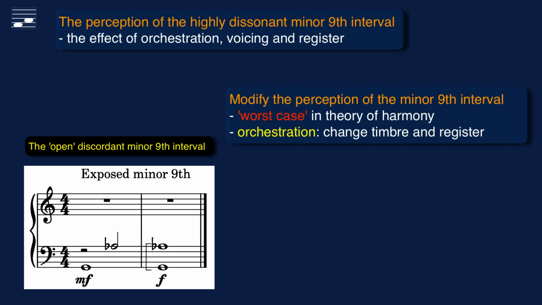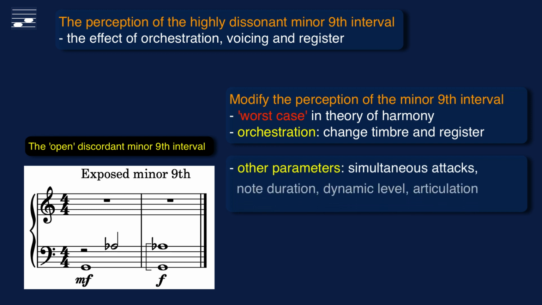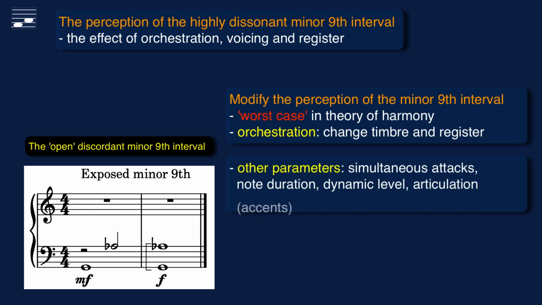Here I demonstrated the effect of a single moving voice over a pedal point at mezzo forte to forte level. But simultaneous attacks, note duration, dynamic level and articulation selection will also contribute to the tension.